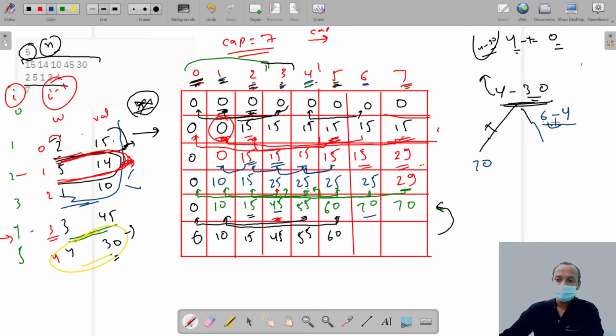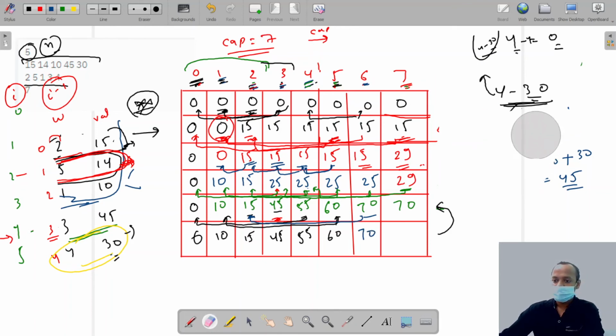So capacity minus weight of the item is equal to 2. Now we see at 2, we get 15 plus the value of the item, that is 30. So the total is now 45. And the maximum of these two is 70. It means this time also we exclude this item, and we get 70.